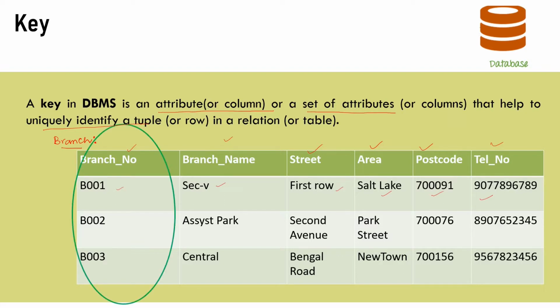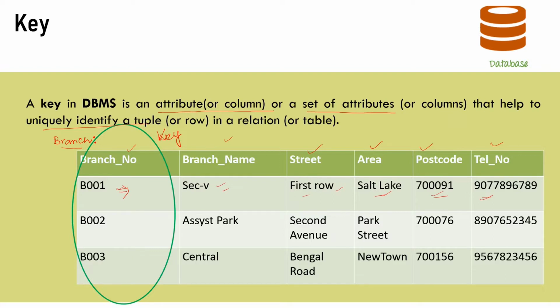Like branch number. Branch number is a single attribute. If I tell you a branch number value like B001, then definitely you will give me one branch name, one street number, one area, one postcode, and one telephone number. That means it helps us to uniquely identify a row in a table structure. Suppose I give you branch number and telephone number both. That means now it is a set of attributes.